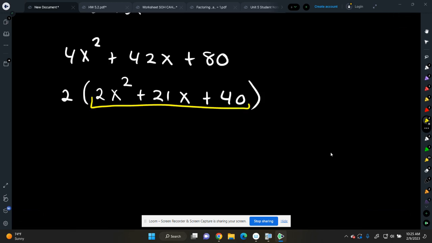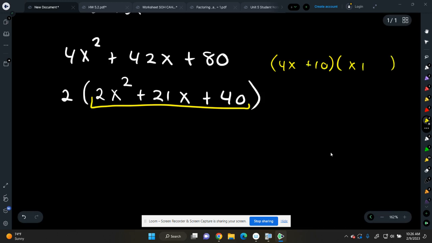Okay. Yes, Kai. Do you have to do that? I got the answer without doing that. What did you get for an answer? I got 4x and then 1x and then 10 and then 8. Okay, so here's the problem.